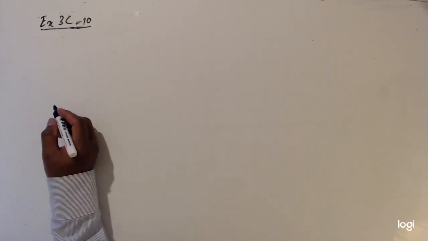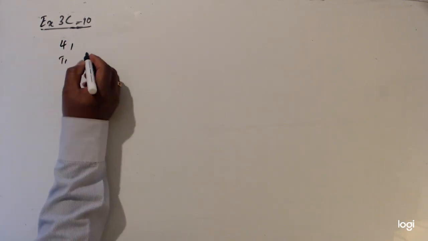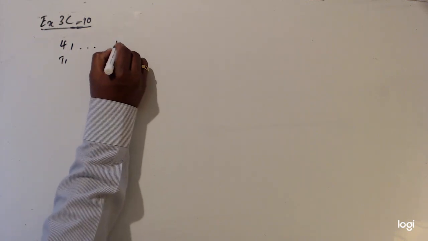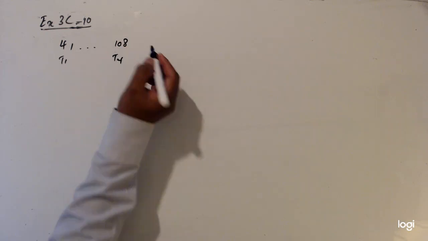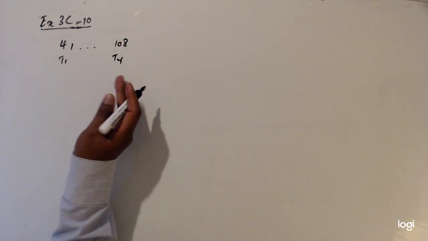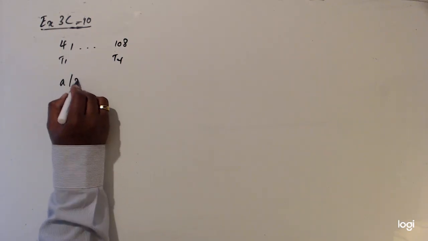Question number 10. A geometric sequence has first term 4, that is t1, and the fourth term 108. So when we have these details, we should know that definitely we have to find a and r.